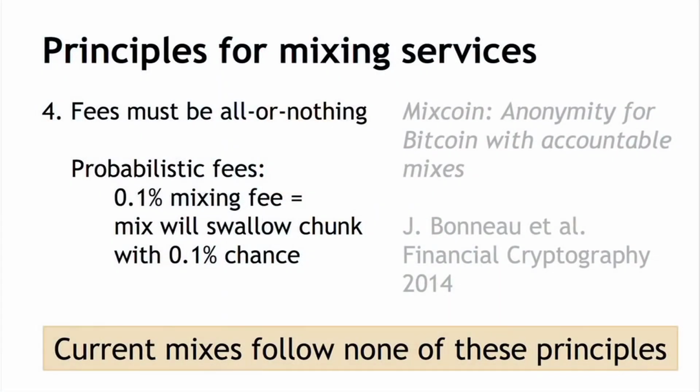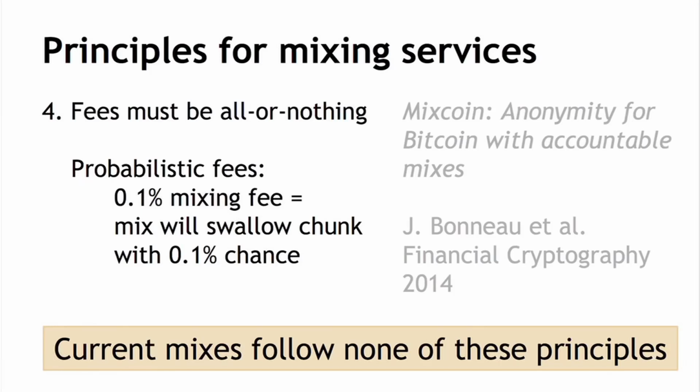The sad news is that virtually none of the current mixes follow these principles. They're in a very different model where each mix operates completely independently, and they have a web interface, and the user interacts with them totally manually instead of automatically through their wallet software. And they will manually put in the amount instead of a standard chunk size. It's whatever amount the user chooses typically.